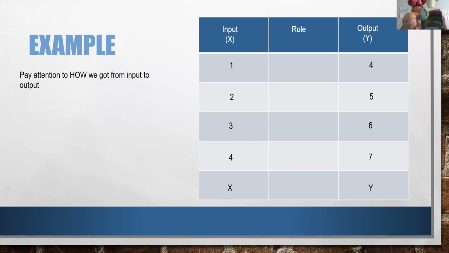Instead of 2, I now have 1, 2, 3, 4, 5 buttons. That's just matching my input-output table. I put in 2 and I got out 5.